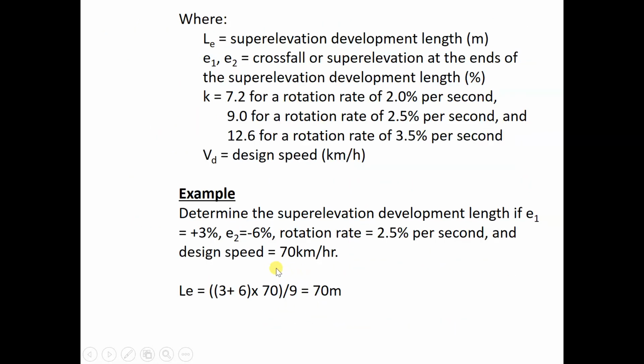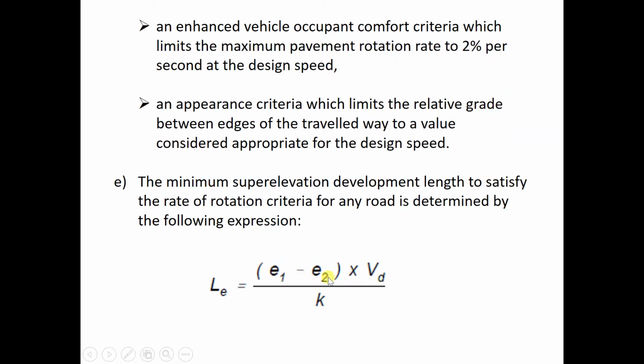Okay, so we have two formulas. One is based on the velocity, the initial crossfall and the final slope, and then the K here.